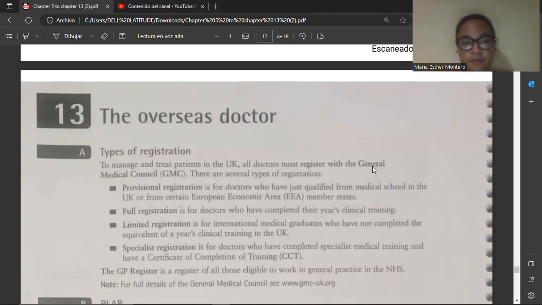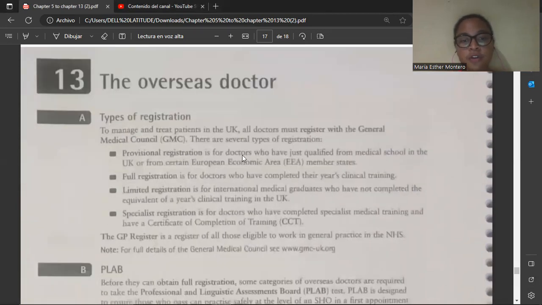Full registration is for doctors who have completed their year's clinical training. Limited registration is for international medical graduates who have not completed the equivalent of a year's clinical training in the UK.